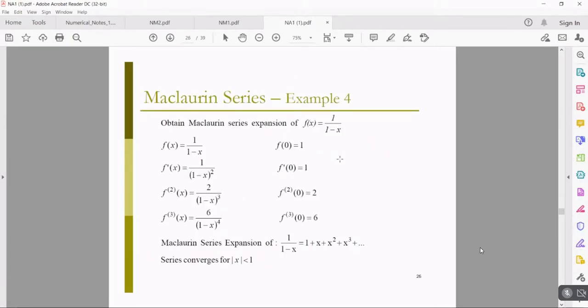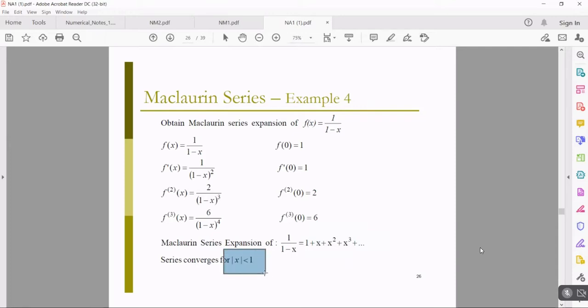Then cos x. Then you can see this is another function f(x), and if you use the Maclaurin series method, you will get this kind of series. Here you know that this series converges only when your domain is absolute value of x less than 1.